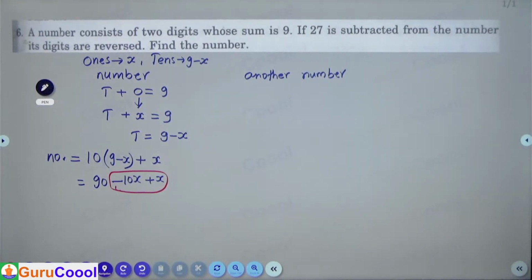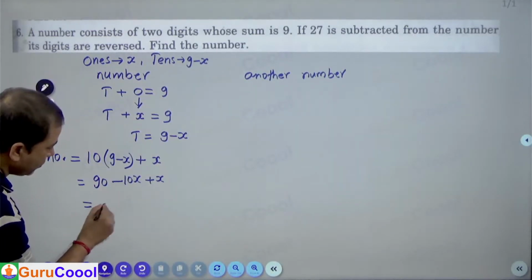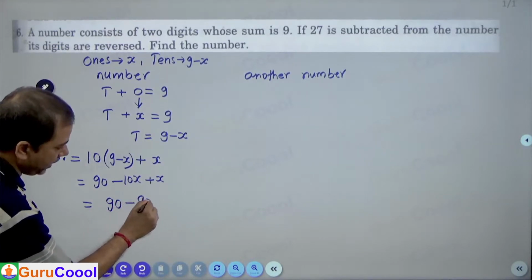Minus 9x, sir. Yes, you said minus 9x, that's right. So 90 minus 9x is the number.